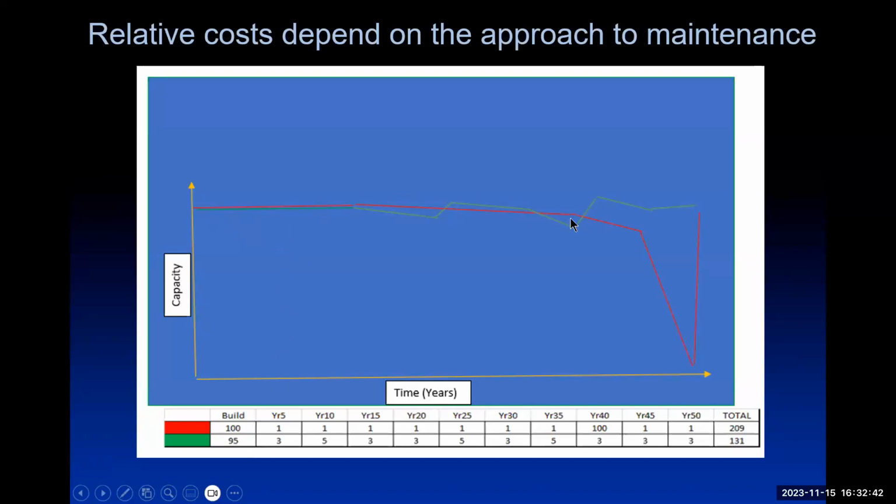But as we get up to say a 40-year period, suddenly you've got a big renovation necessary for a bridge where you pay a reasonable amount for maintenance year by year. You'll find that you avoid that big problem, and over perhaps a 50-year period, you've actually got a big saving in money.